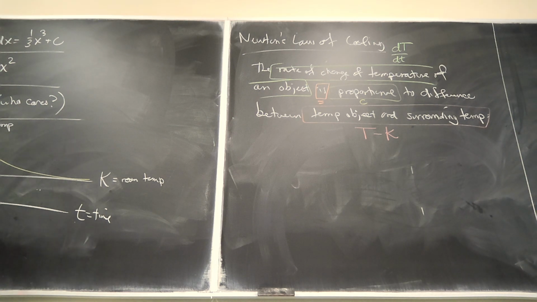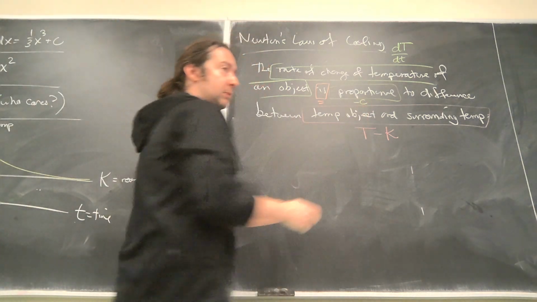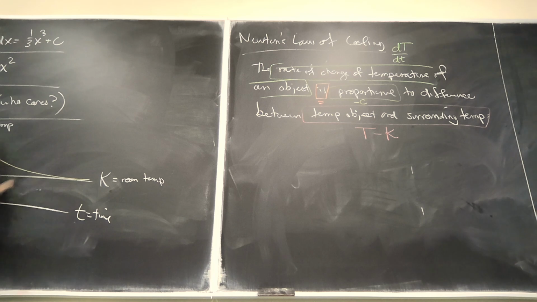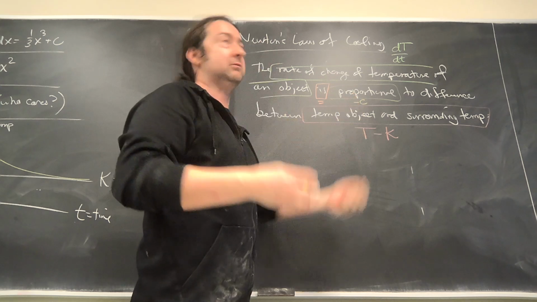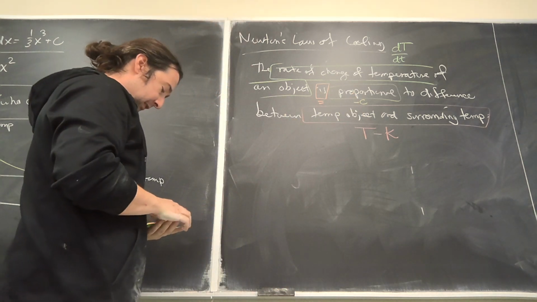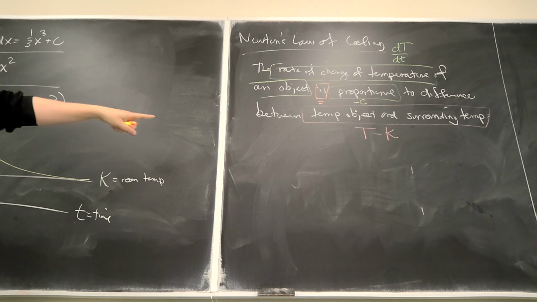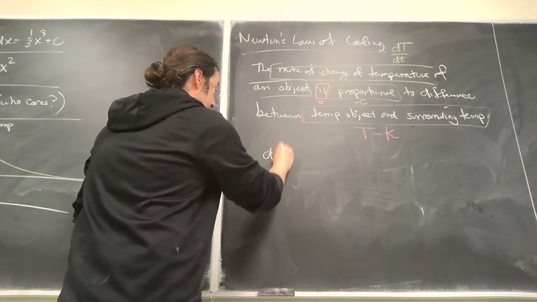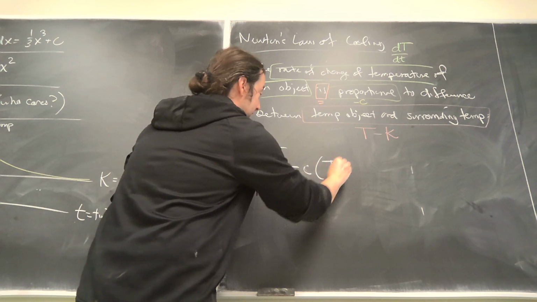And if I wrote that down, I guess I'm going to be a little bit pedantic here. I'm going to make this minus c because I want the object to be cooling when it's warmer. So I'm going to write a minus here to ensure that the c has a positive value because it makes the math easier to see what's happening. So if I took that equation and I wrote it out, it would say dT/dt is equal to minus c times (T minus K).